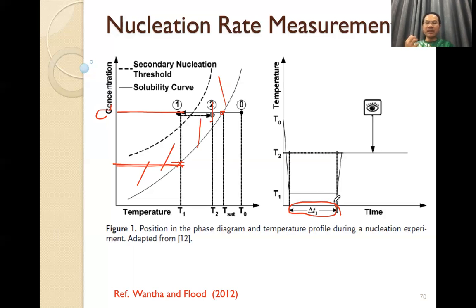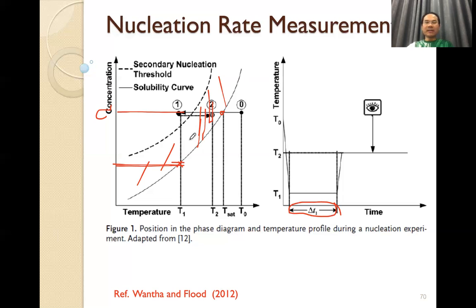That means you have to increase the temperature rapidly at the end of delta T1. The temperature is raised to point 2. At point 2, the new crystal cannot occur.